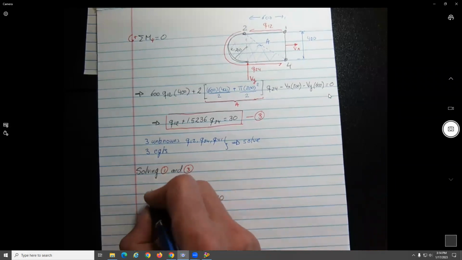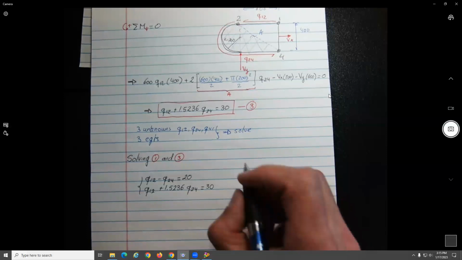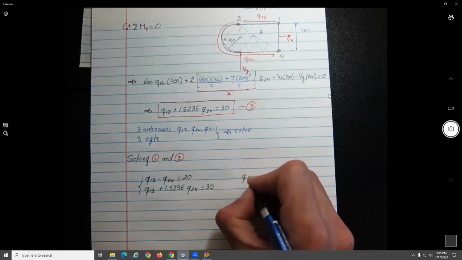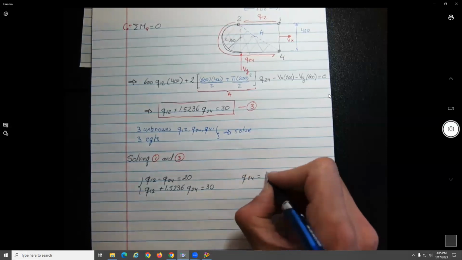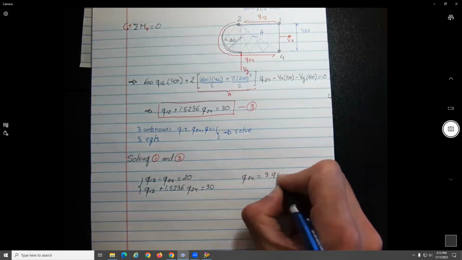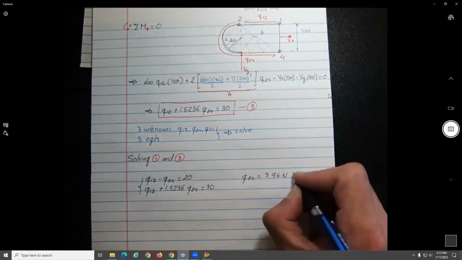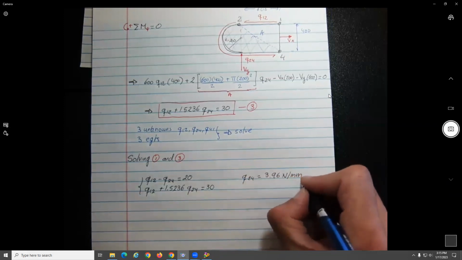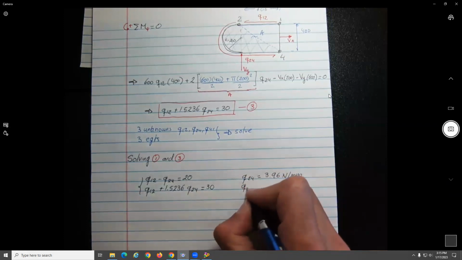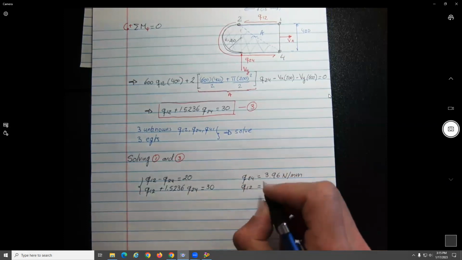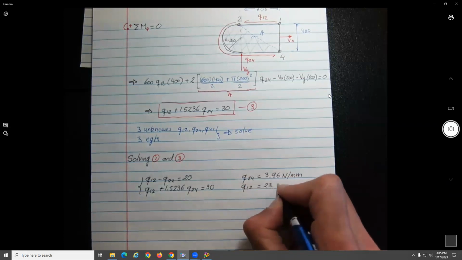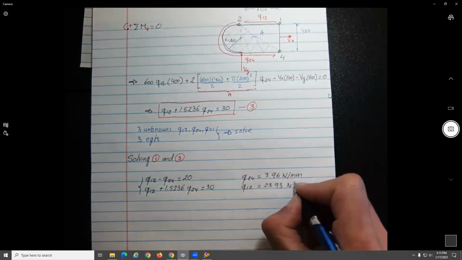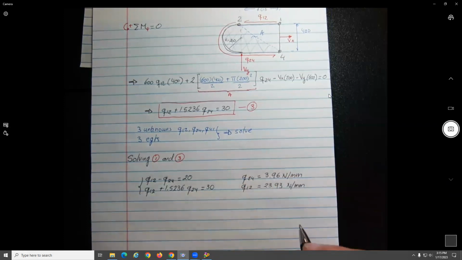You see the same variables. So when solving this one, you find Q24 equal to 3.96 newtons per millimeter, and Q12 equal to 23.96 newtons per millimeter.